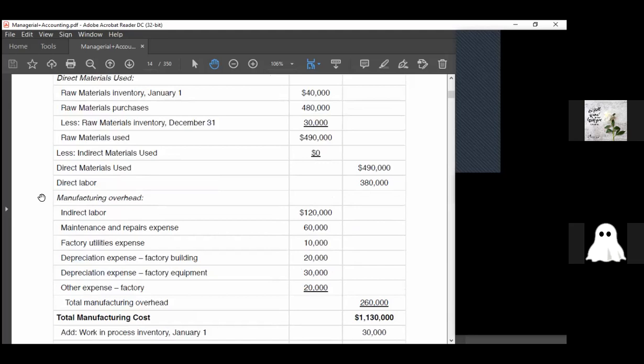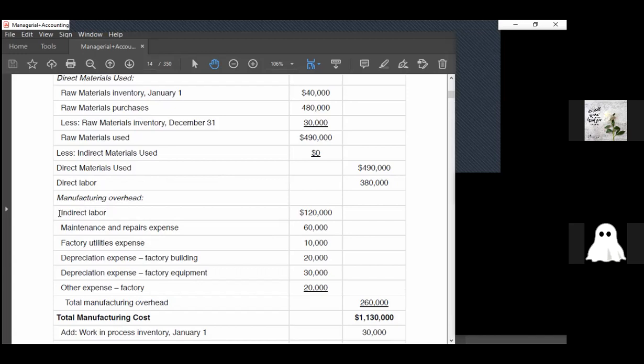So these are expenses that are spent on your manufacturing plant or the manufacturing factory, but they are not a part of your direct labor or direct material used. So that includes indirect costs like indirect labor. So indirect labor is a part of your manufacturing overhead.